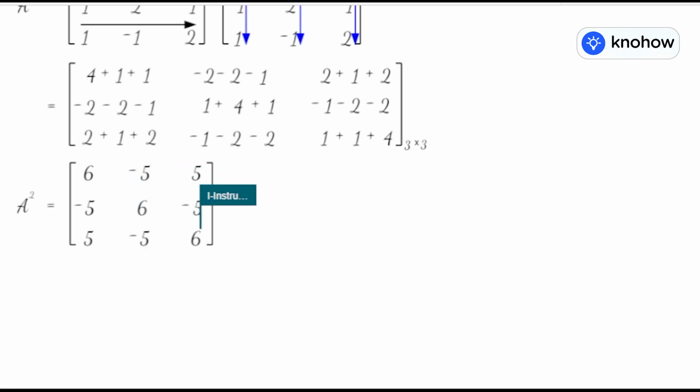Okay, so you have worked out A square. Let me check: 6 minus 5 5, minus 5 6 minus 5, 5 minus 5 6. And now to find A cube. How do you find A cube?